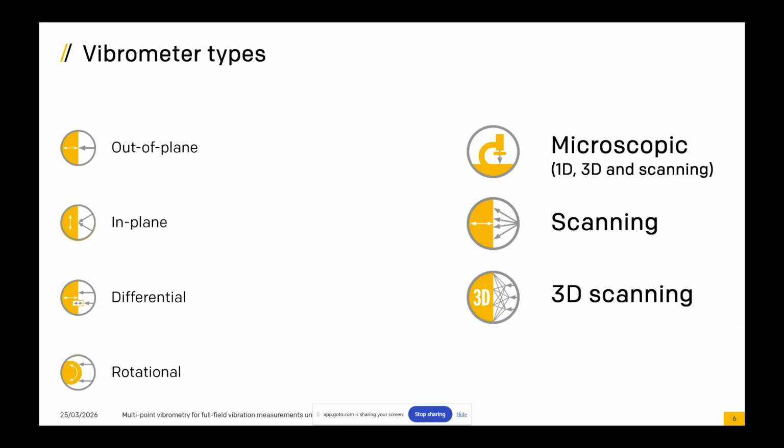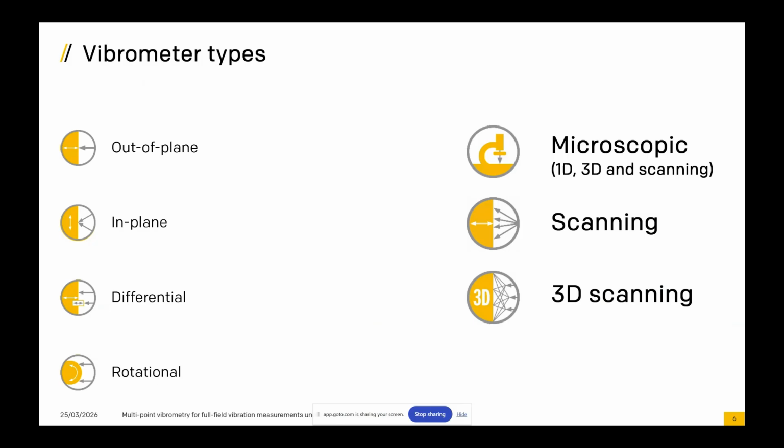Rotational, we can measure a rotating object. In a microscope system, we couple the camera and the laser together through a microscope objective so that we can do measurements on things like MEMS devices, micro electromechanical systems, for things like wafer level testing, ultrasonics, different things like that.